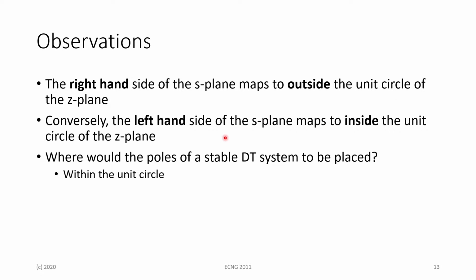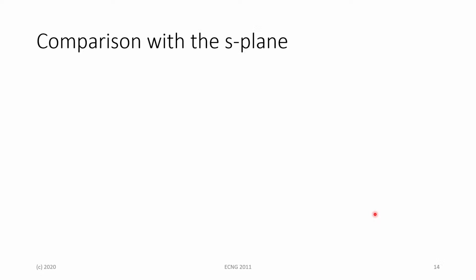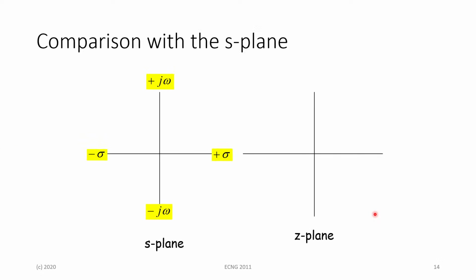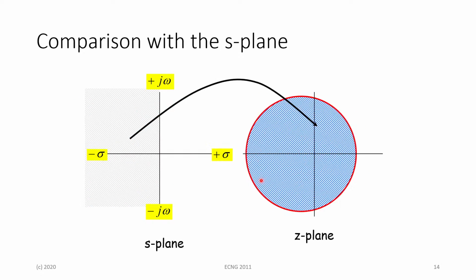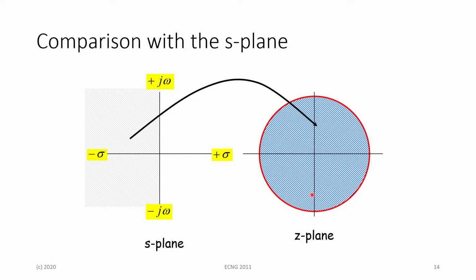Conversely, the left hand side of the S-plane maps to the inside of the unit circle in the Z-plane. So if we shade the left hand side of the S-plane, this maps to the inside of the unit circle on the Z-plane being shaded. This holds true for stable systems in the Laplace domain and the Z domain.